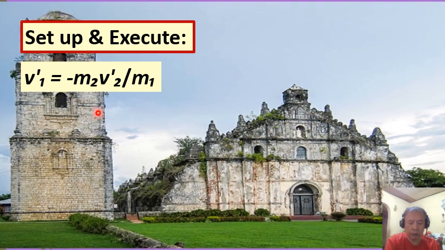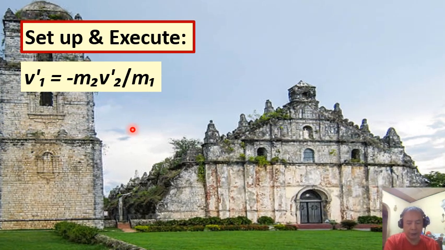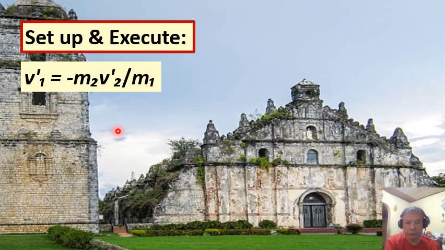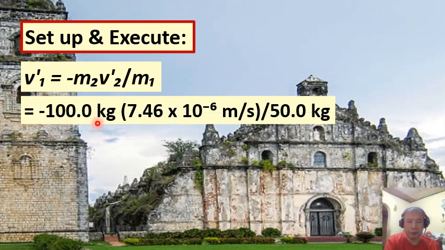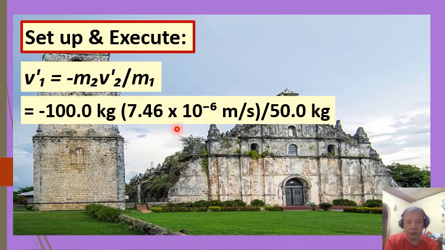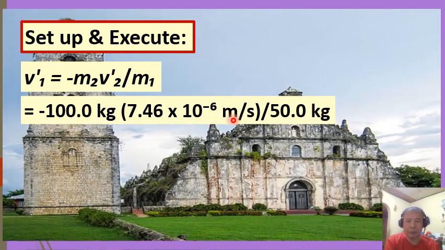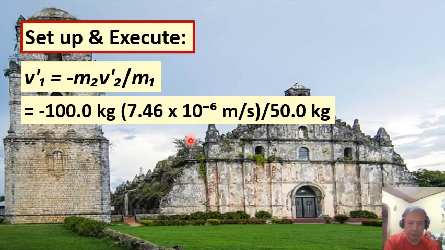Going back to equation number 2, we can now find b prime 1. That is, b prime 1 is equal to negative 100.0 kilogram times 7.46 times 10 to the negative 6 meters per second, divided by 50.0 kilogram.